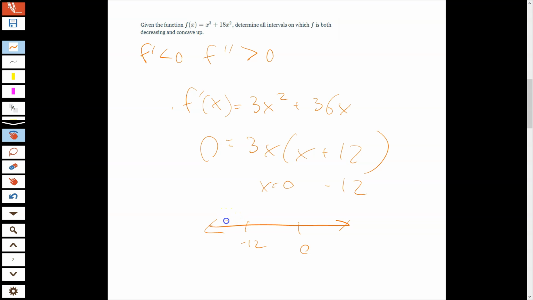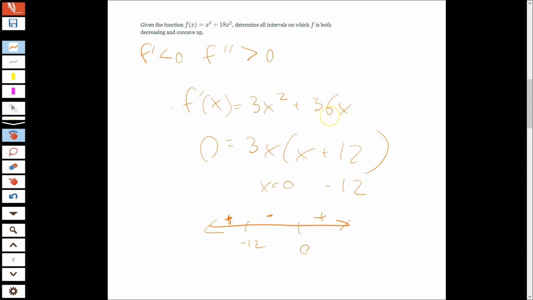Over here, I'm going to get negative times a negative, which is positive. Negative 12 to 0, we'll pick a number for that one, negative 5. So negative times a positive is a negative. And then over here, I'll pick 1 for this interval. 3 times 1, 1 plus 12, both positive, right?